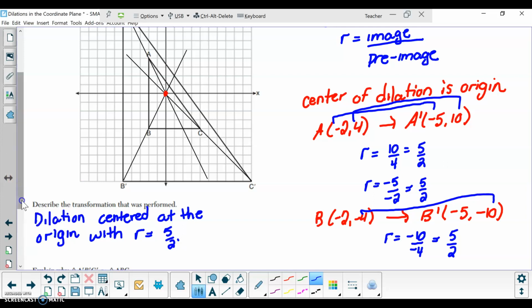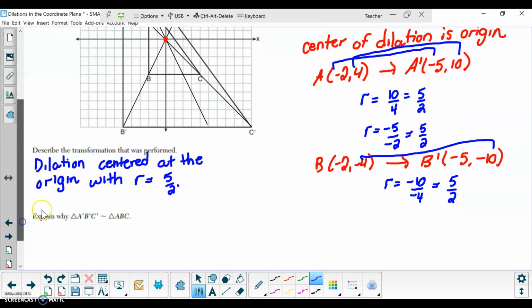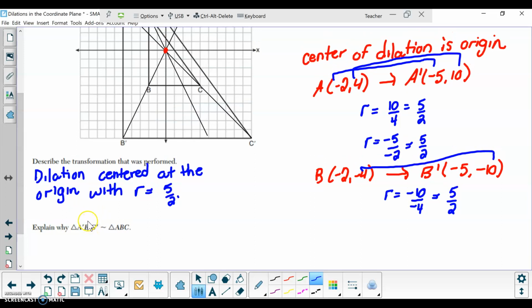Okay? All right. Now in the next part it says explain why the image is similar to the pre-image. Well, we just stated that it was a dilation.